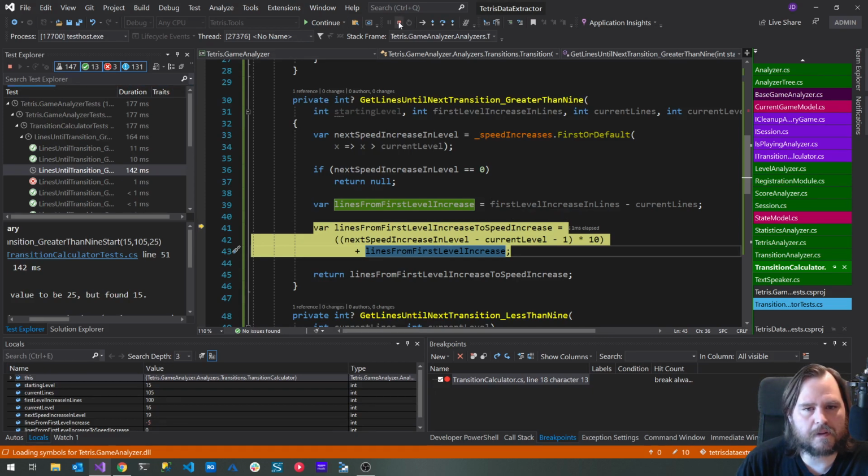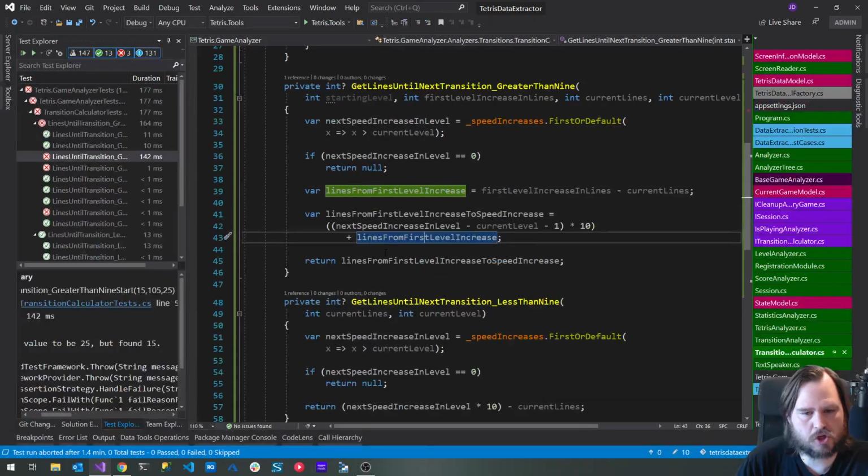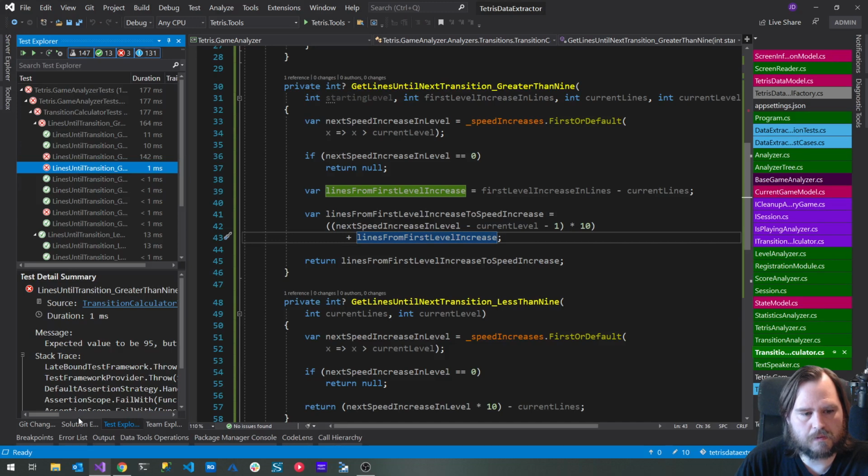So this would be fixed by subtracting. What about this one?